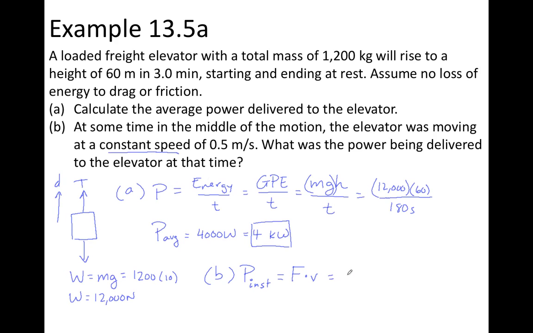And so the force pulling the elevator up has to be the same as the elevator's weight, that 12,000 newtons. We're going to multiply that by the 0.5 meters per second. And so the instantaneous power being delivered to the elevator at this time is going to be 6,000 watts or 6 kilowatts.